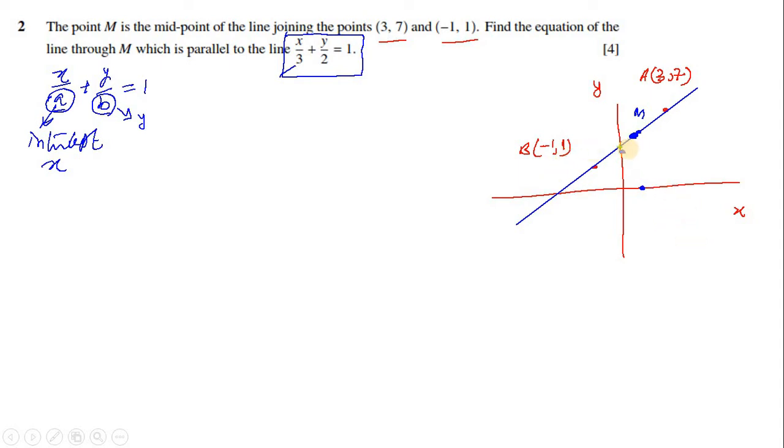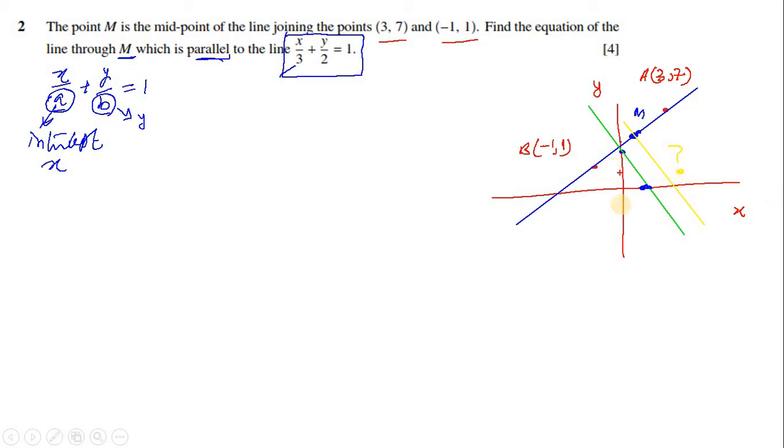Maybe something like this. Let's imagine this is the x-intercept 3. And then they are saying that a line passes through M parallel to this line. So we have an unknown line passing through M parallel to this. So you can sketch another line like this. This is our required line. That's what we need to find, the equation of that line.